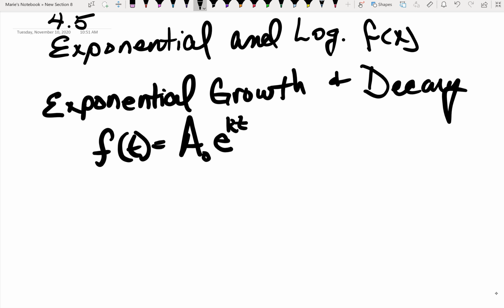And so there's two things, or two types. We also refer to it as future value, which is usually denoted with A equal to a sub 0 e to the kt. The only difference here is the first part of the notation, if you notice.